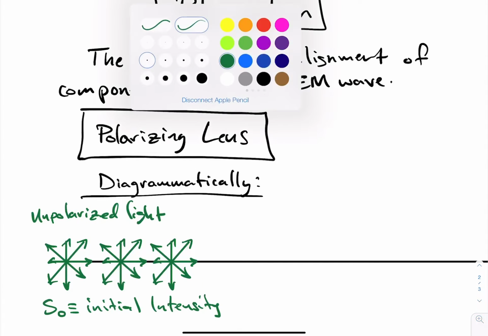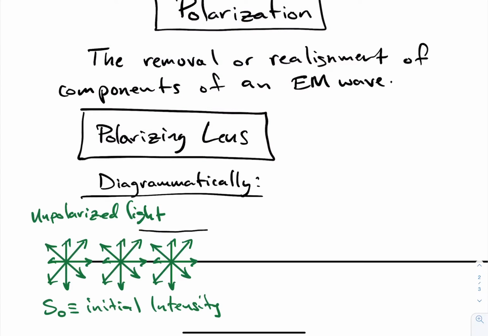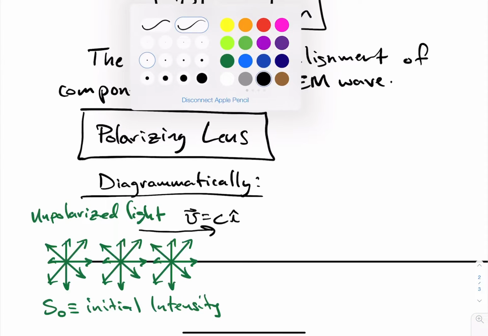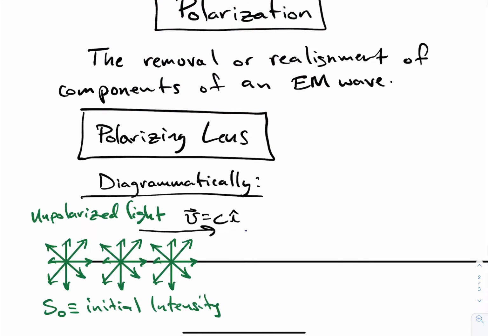We could even show V, which is the speed of light, and in our case, it'd be in the x direction. And that light will be incident on what we will call a polarizing lens. That polarizing lens will have some thickness and a transmission axis like so.